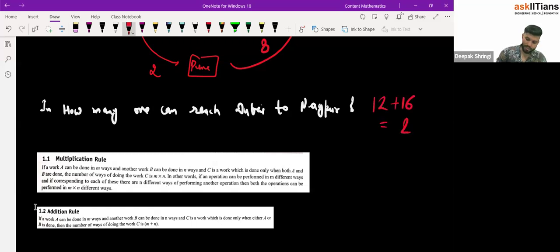So read the addition rule, guys. If a work A can be done in M ways and another work B can be done in N ways, where C is the work which is done when either A or B is done, in that case you have to add. So if there are subtasks, we multiply, but if there are different options to do one task, then we will be adding, right? Please note it down.